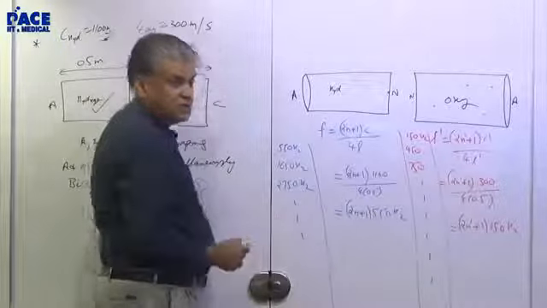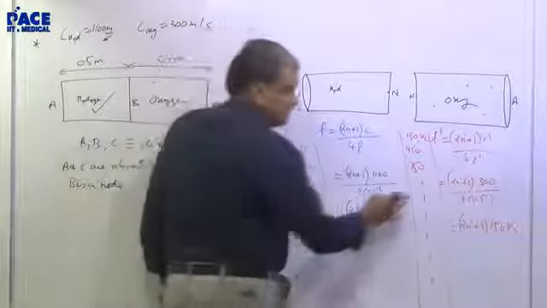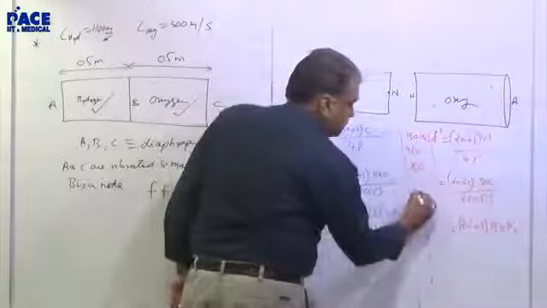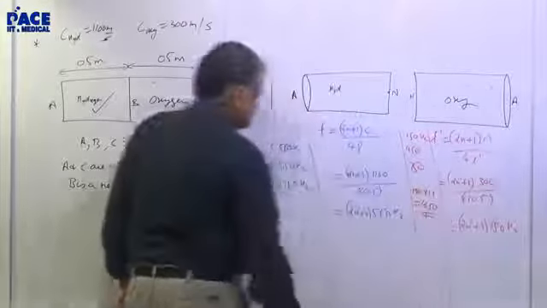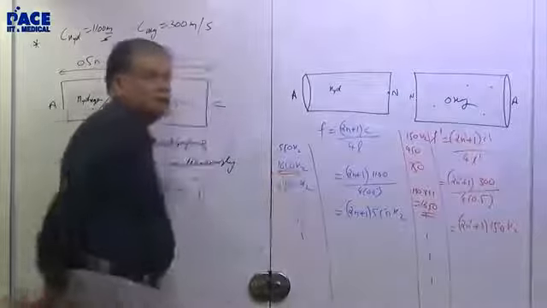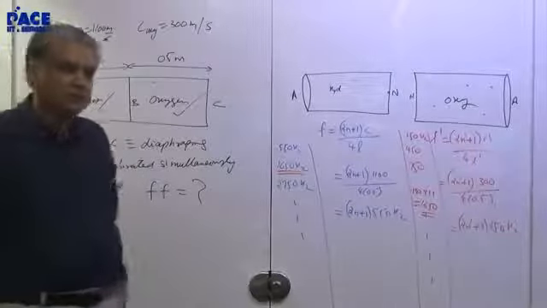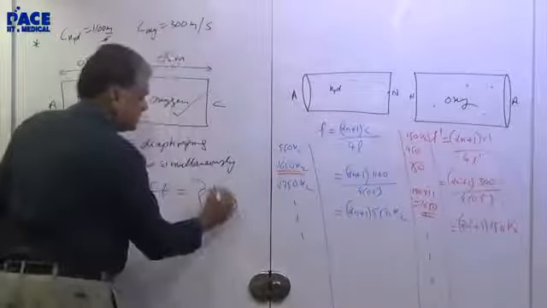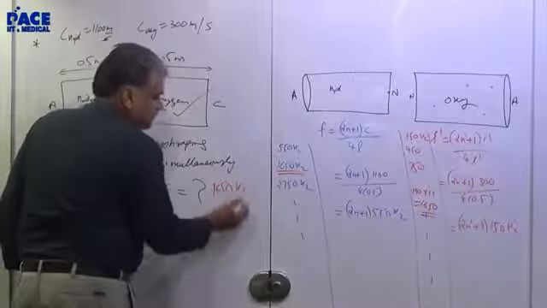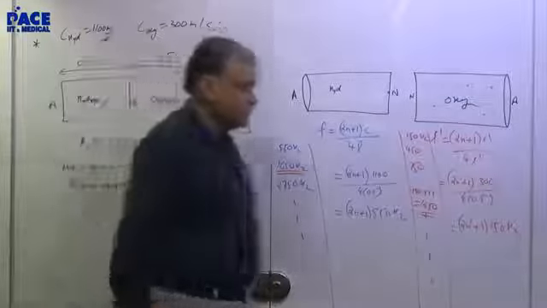What's the thing which is common? So I think 1650. Yes, 150 into 11 is 1650. So this is the lowest common multiple, the LCM. So that's it. The answer is 1650 Hertz. That is the fundamental frequency.